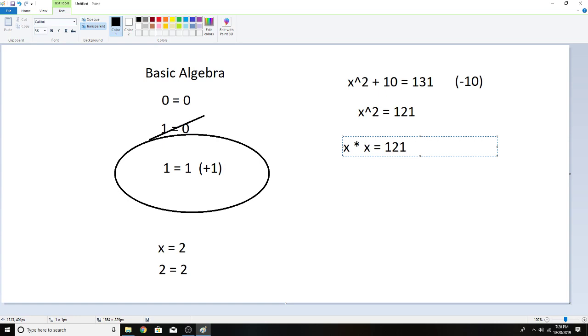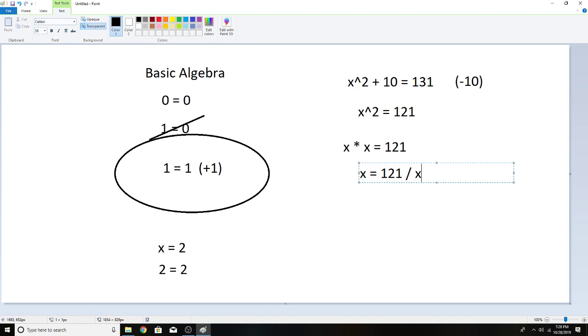So, what do we do here? We could move it to one side, but then it would be x equals 121 over x, which wouldn't really help, because you've got x on both sides.